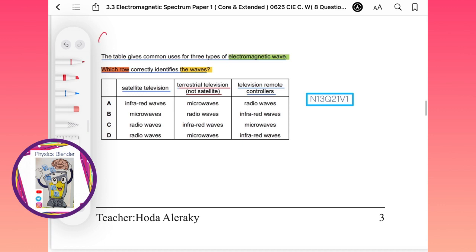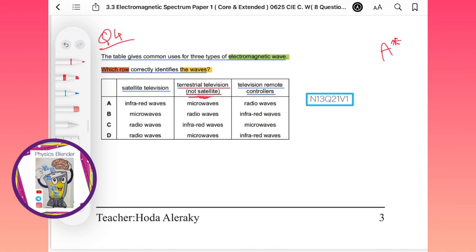Question 4 is challenging. We have here common uses for 3 types of electromagnetic waves, which correctly identifies the waves. We have satellite television and we have terrestrial television. What is the difference? The main difference, and which is not satellite.